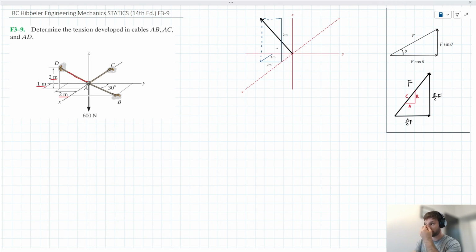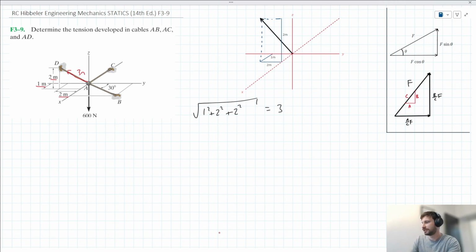We would do the square root of 1 squared plus 2 squared plus 2 squared. That's the square root of 9, which we know is 3. So we can add a 3-meter idea to our AD vector, and this is going to make this force much easier to work with in this problem.